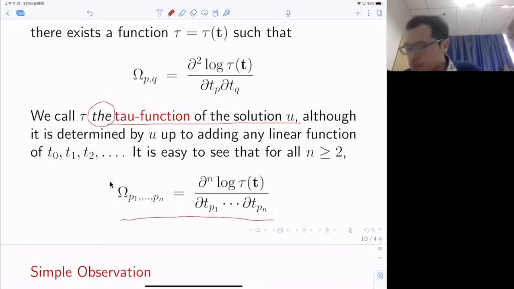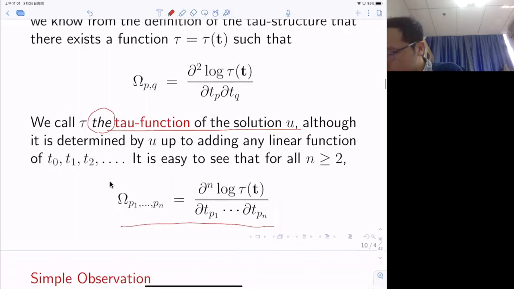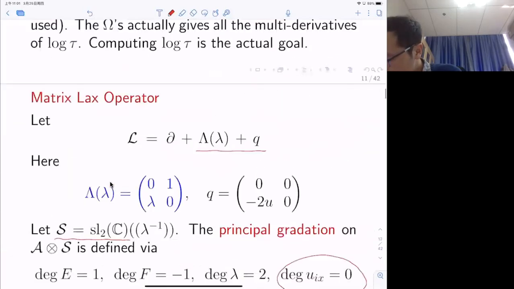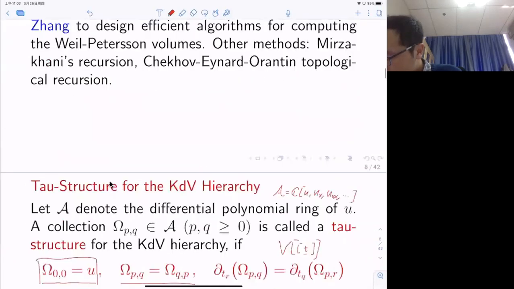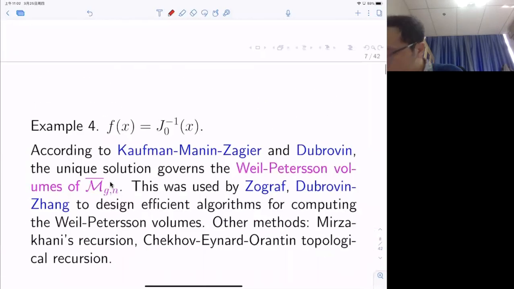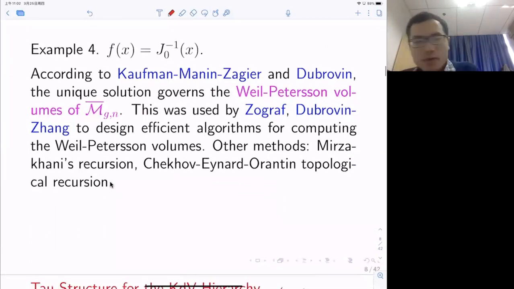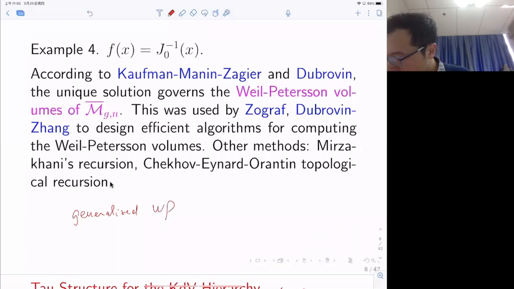The coefficient of log tau, maybe I didn't mention, so I can mention here, there is indeed a meaning. If you consider the inverse of the Bessel function, you get Weil-Petersson volumes. More or less speaking, if you consider an arbitrary solution of KdV in some very general setup, you get generalized Weil-Petersson volumes.